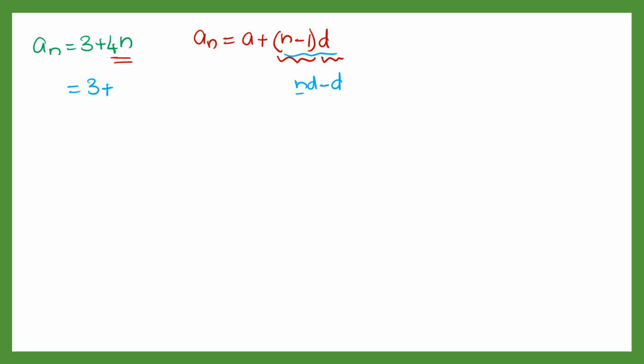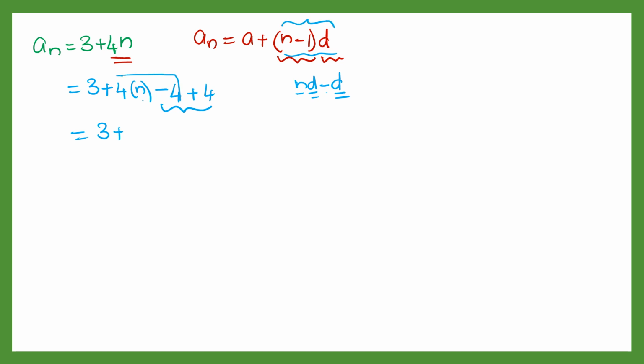That means n is multiplied with some number and subtracted by the same number. So here n is multiplied with 4. So again n into d, this is n, this is d. Again here minus d. So do minus 4 plus 4. Minus 4 plus 4 is nothing but 0. So 3 plus 4n minus 4 plus 4. Now you should be in the form of n minus 1 into d.